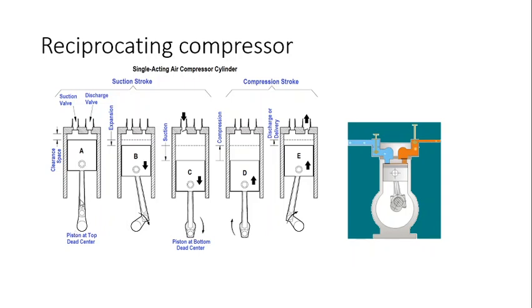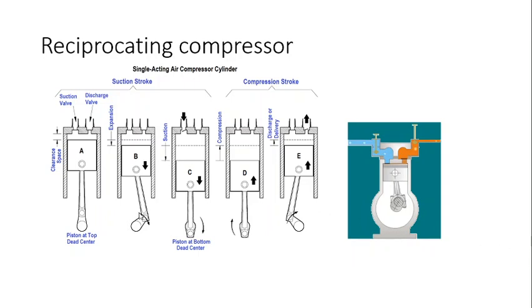Now the piston is at the top dead center, and there will be a small clearance called clearance space or clearance volume. This is the position of the piston at the top dead center.